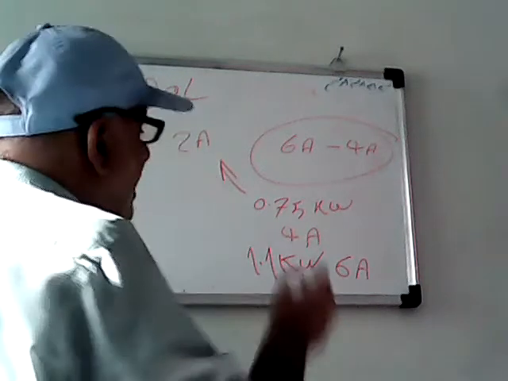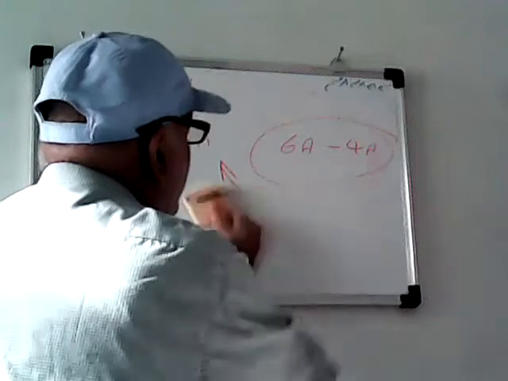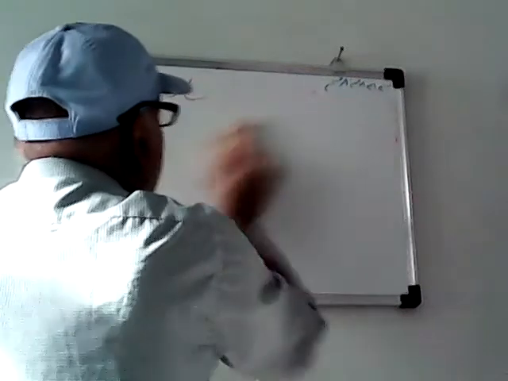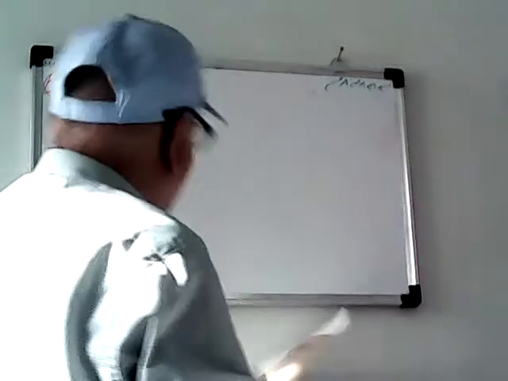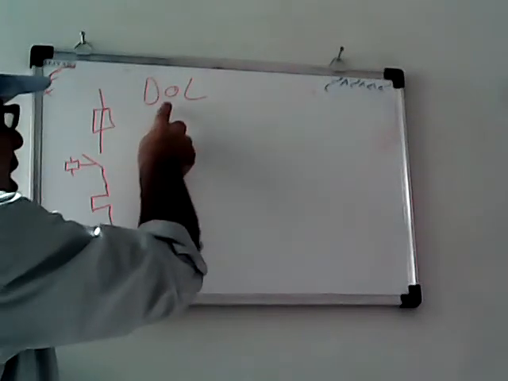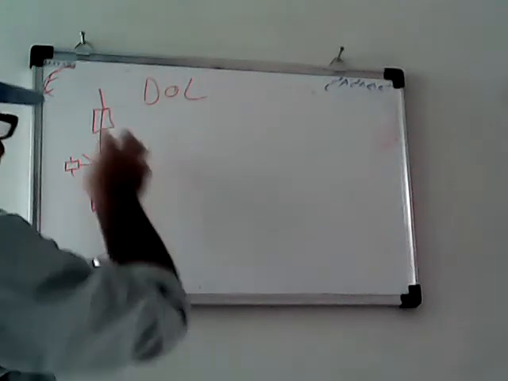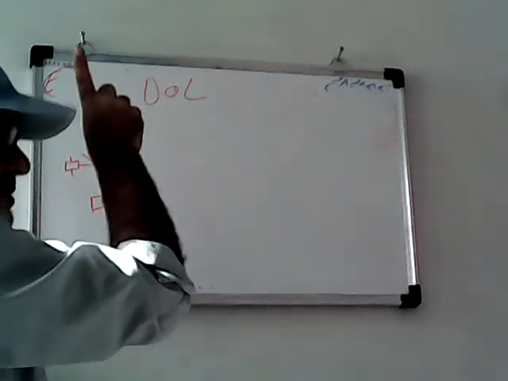In starting direct on line, we just use one contactor.